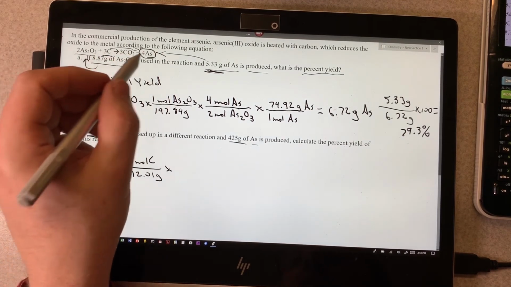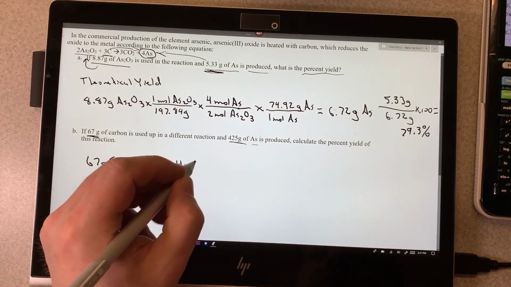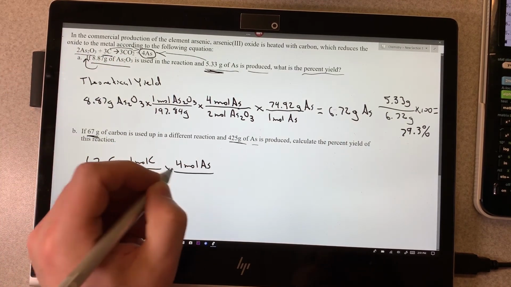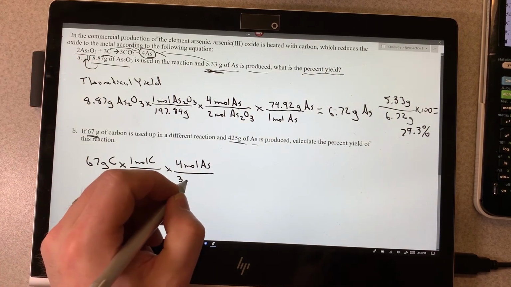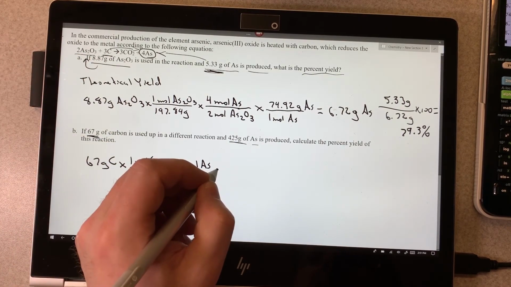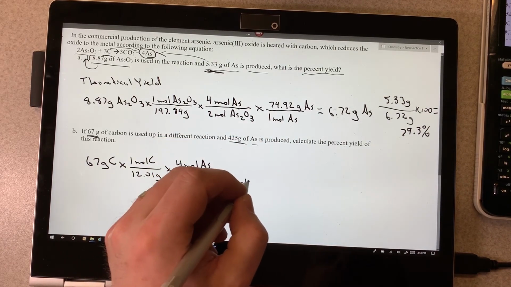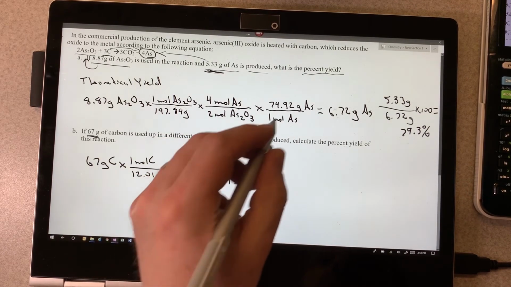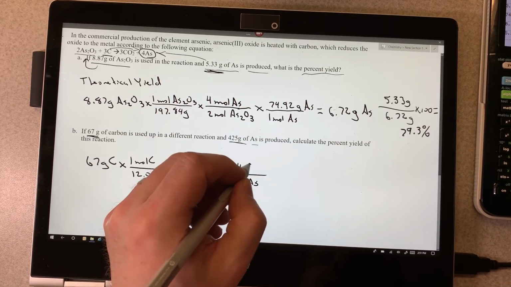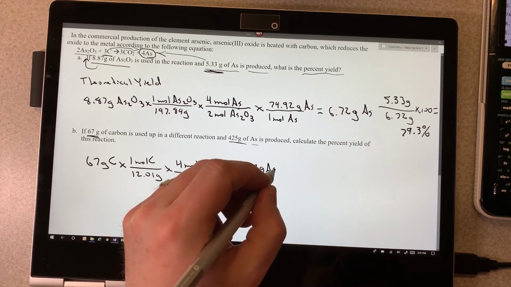My mole ratio is 4 moles of arsenic for every 3 moles of carbon. And I get this from up here. 1 mole of arsenic weighs 74.92 grams.